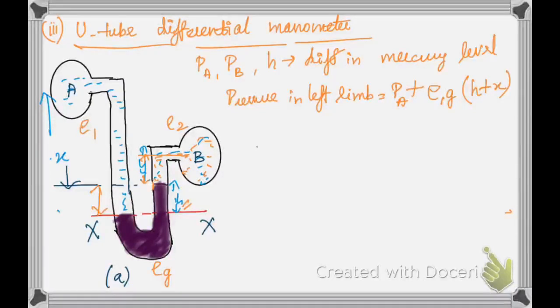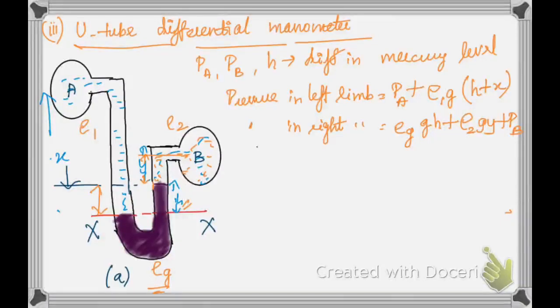And similarly, the pressure in the right limb will be, for the mercury liquid, rho g into h, plus rho 2 g into y for this other liquid, plus Pb. So this will be the pressure in the right limb.